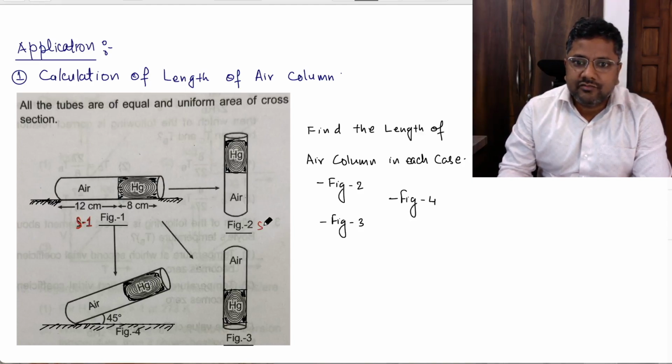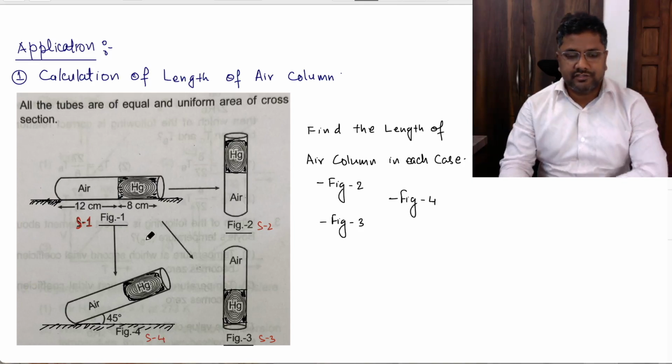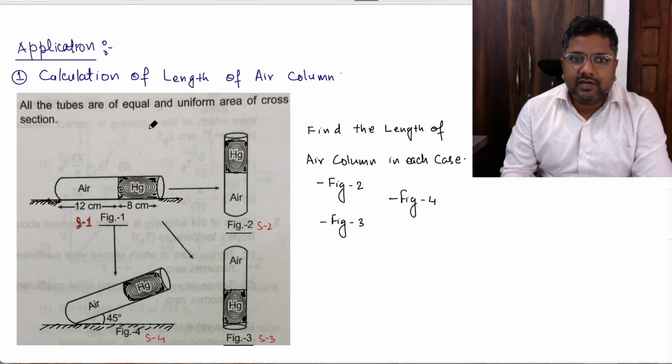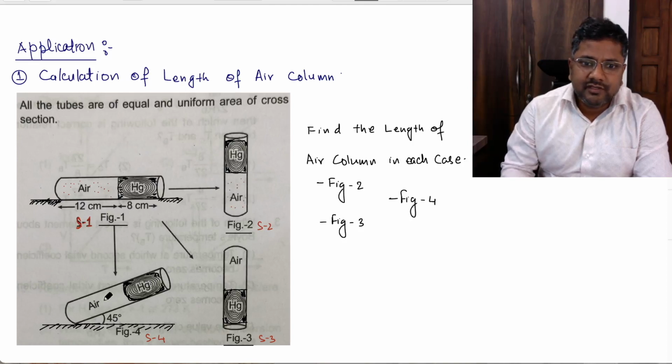This is state 2, this is state 3, and this is state 4, fourth state, right? N and T you have to assume constant, because here air is taken, so there are some air gas molecules here, here also gas molecules are there, here also, and here also gas molecules are there.